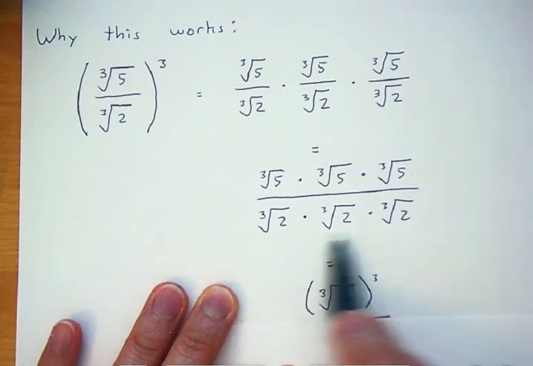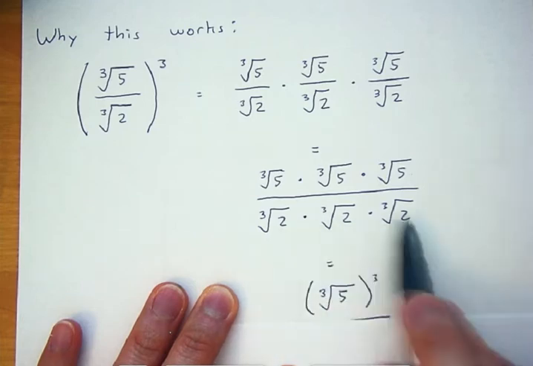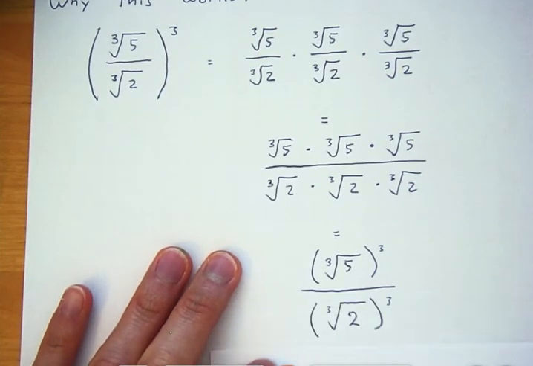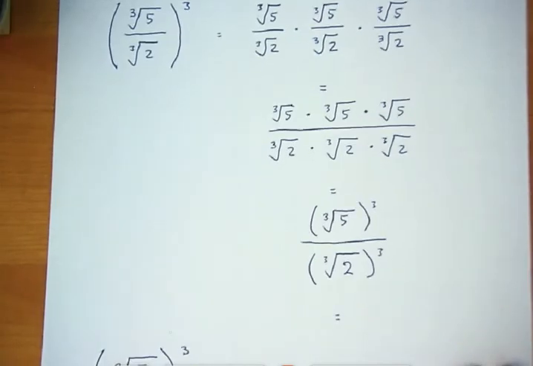Same thing happens with the bottom here. The third root of 2 happens 3 times, and so I can just write that as the third root of 2 to the third power. Now, at this point, you've seen this thinking before.